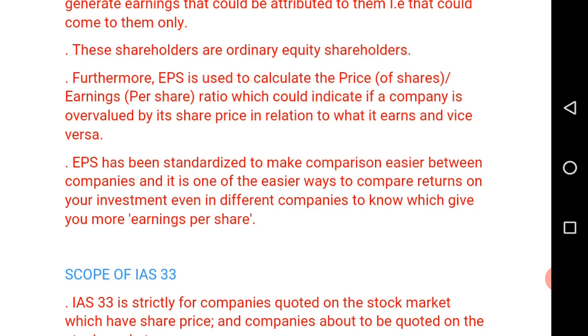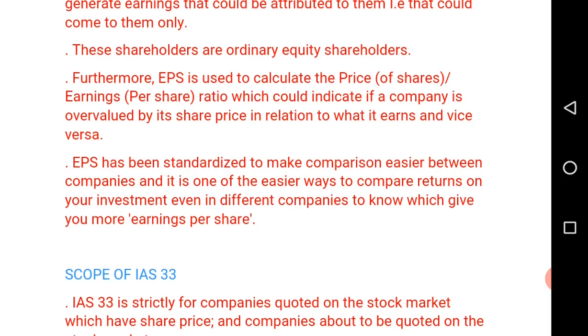Since EPS tells us how much each share has generated as profit to you, you could use it to compare different companies to know which company I should invest in that gives me a higher return of profit on each share I am willing to buy.